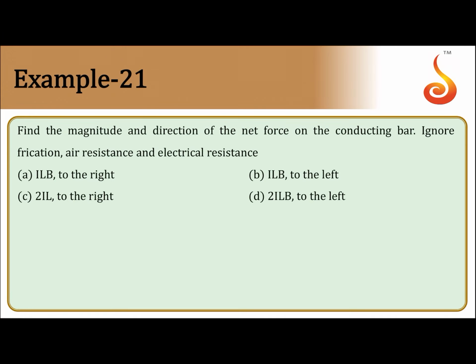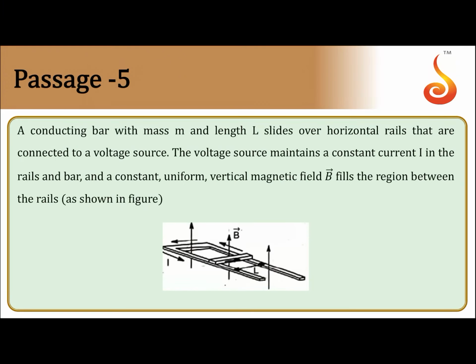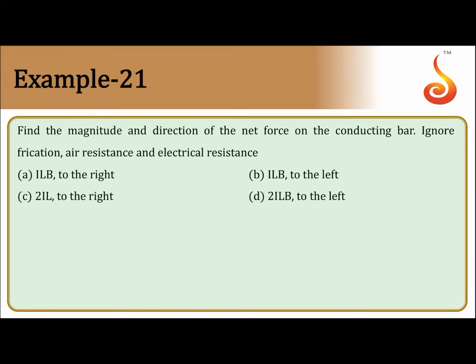Find the magnitude and direction of the net force on the conducting bar. Ignore friction, air resistance, electrical resistance. We can check from the figure, it will be given by Fleming's left hand rule. The field is upwards, so the force will be towards right from Fleming's left hand rule, and it is ILB, of course. So this is the answer. Simple Fleming's left hand rule.